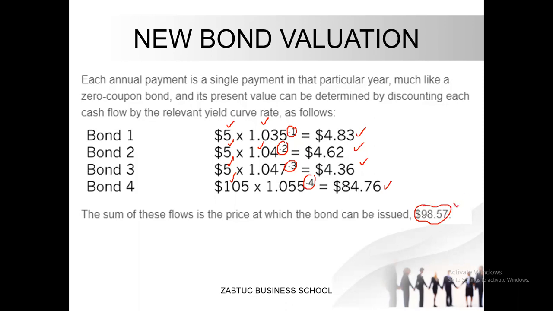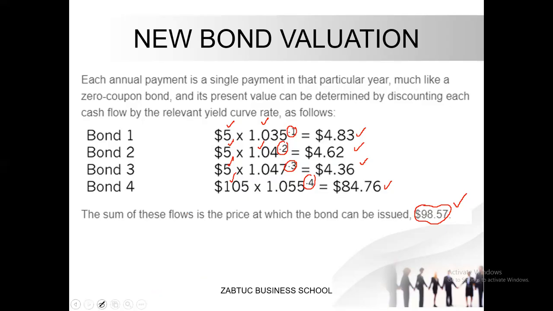This is the price at which we're going to sell this bond in the market today. The sum of these flows is the price at which the bond can be issued, 98.57.